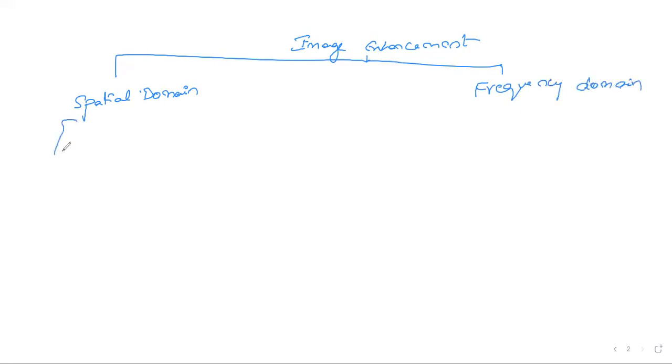Spatial domain means modification done directly on the image itself. Spatial domain means the image plane itself. Okay.